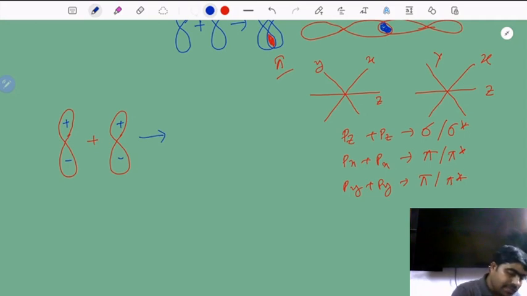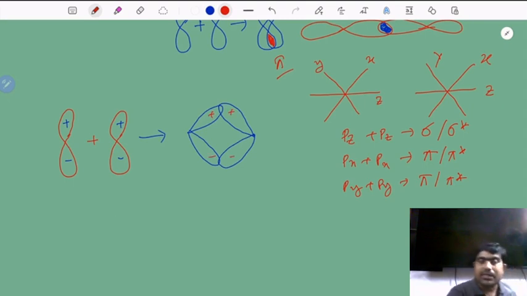Okay, and then now they overlap to each other, and their overlapping is like that, because in this case they attract to each other. Understand? Here it is plus plus, it is minus minus. That is they make bonding. Bonding is the addition, they are added to each other. Okay, that is bonding MO.